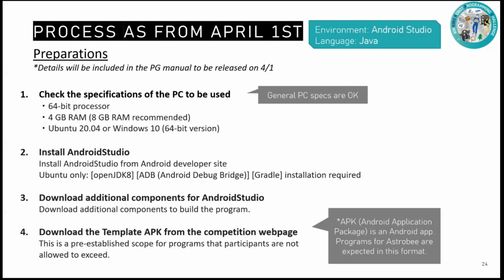It has been prepared in advance by JAXA, and you have to use it to write your own program. And as I said before, the language will be Java. You have a little more information about the PC and downloading in the programming manual that will be available on April 1st.